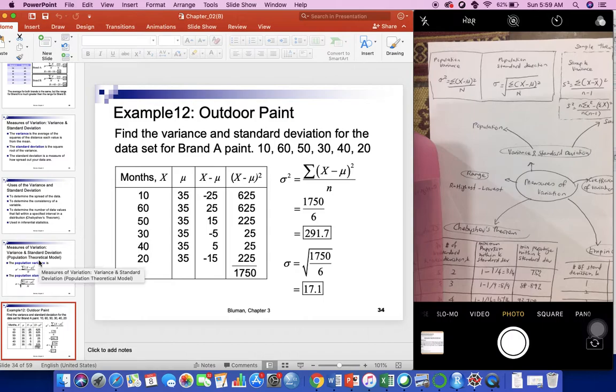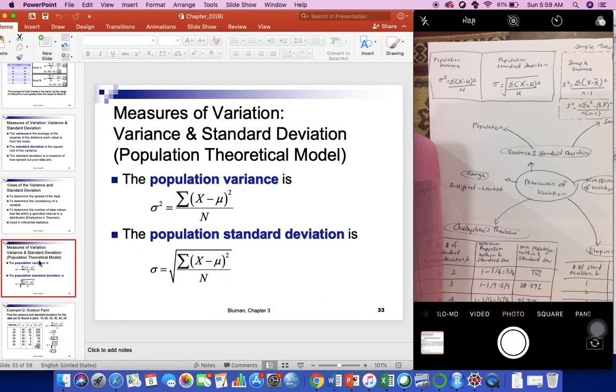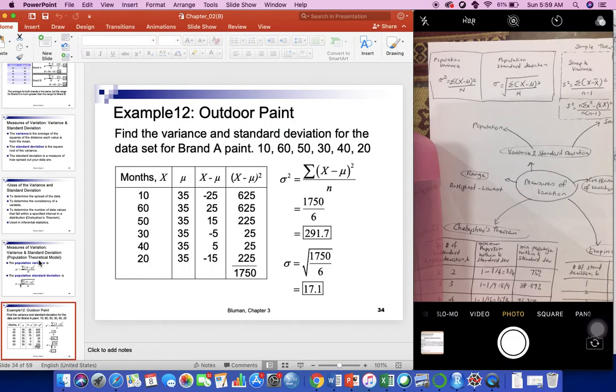Okay, this one is the example for the population theoretical model. Find the variance and standard deviation for the dataset of brand A paint. We have 10, 60, 50, 30, 40 and 20. This is the value for X. The mean is 35.